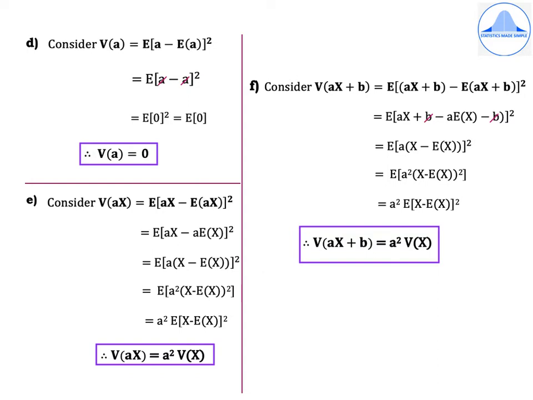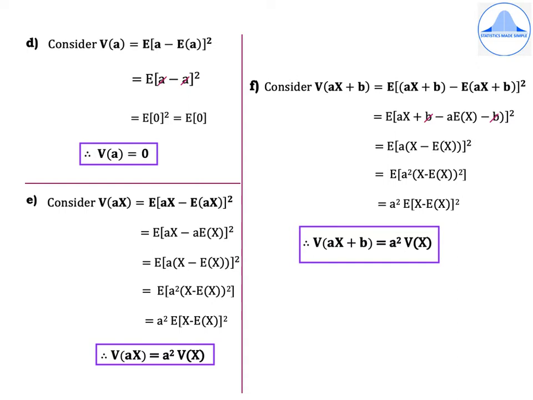Fifth result, we have to prove that V of ax is equal to a square V of x. So again start with the left hand side of the result. Consider V of ax. So in the V of x formula, wherever you have x, replace it by ax, and so we get E of [ax minus E of ax] the whole square.